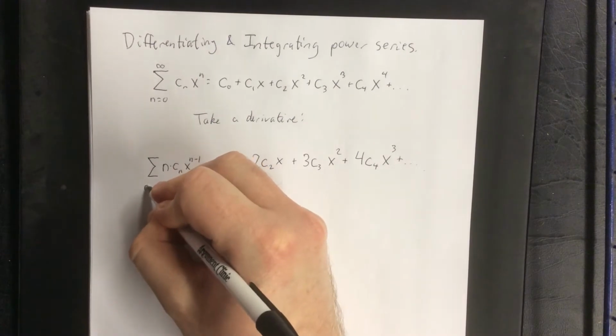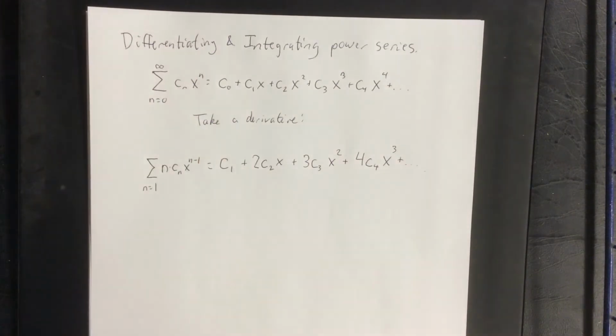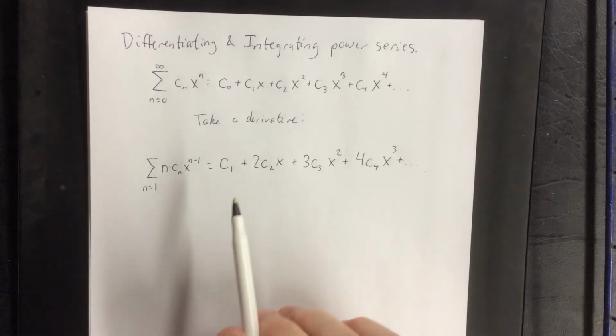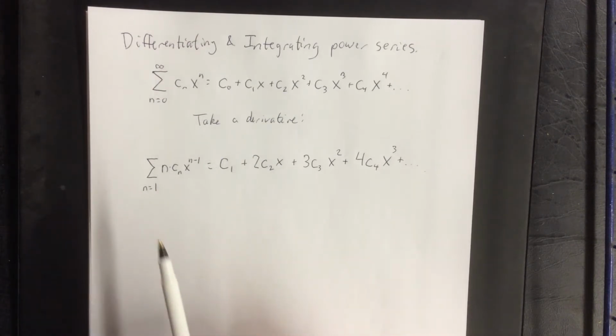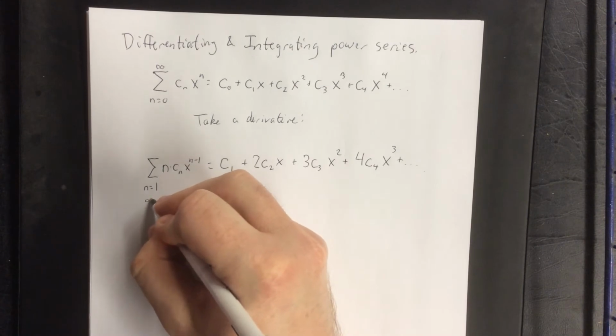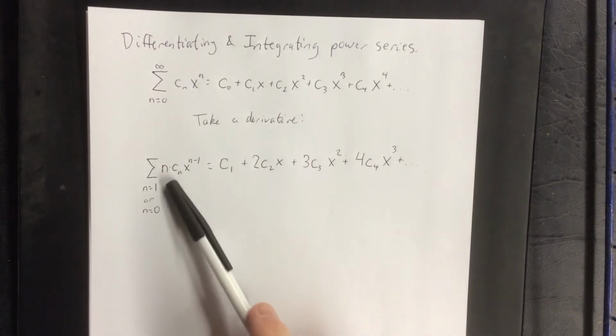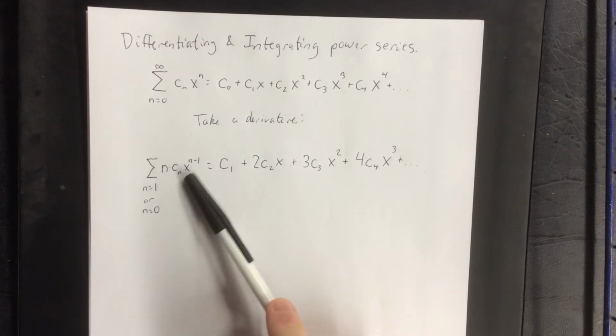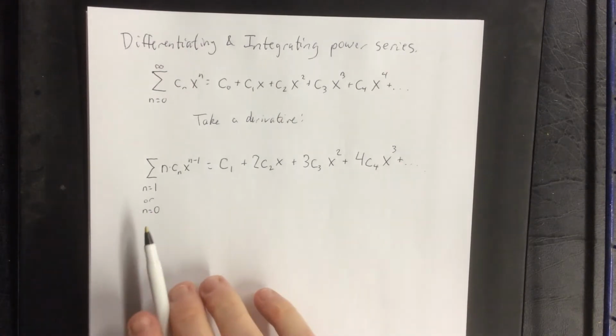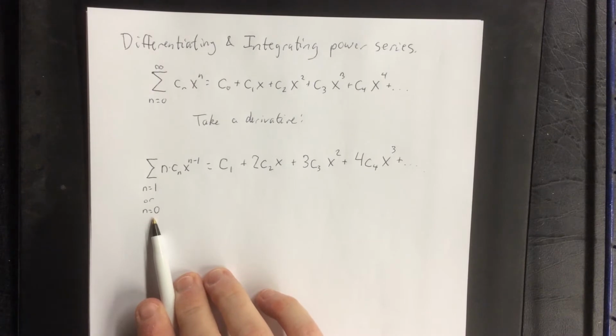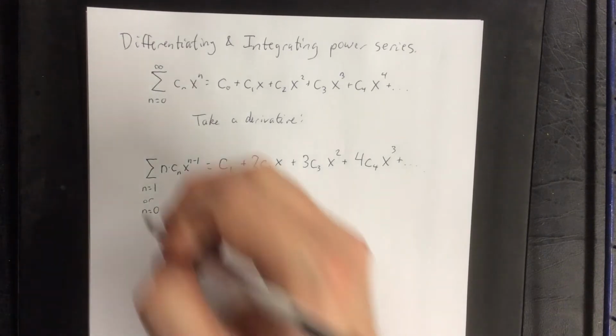When we take a derivative, that first term tends to go away due to the fact that it was a constant to begin with. Now, with that in mind, notice what happens if we were to plug in n equals 0. We would have 0 times c sub n times x to the negative 1 power. This starting point isn't actually going to have an impact on anything for now. So you can either leave it as n equals 0 or bump it up to n equals 1, whatever you fancy.